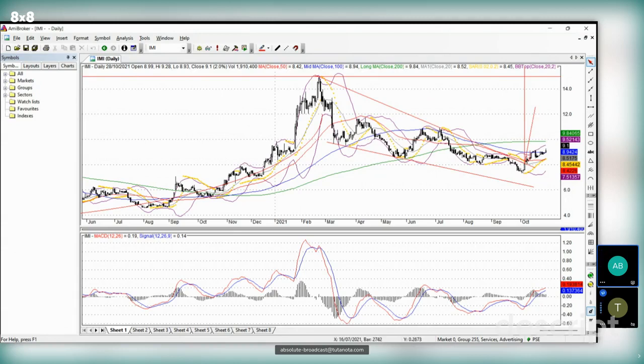Essentially, what made this a buy for us, or for me at least, is if you look at around October, diba, there's this long green candle, the one below the red line, diba? If you look at the MACD, clearly nag-crossover yung fast line sa slow line or sa MACD line.